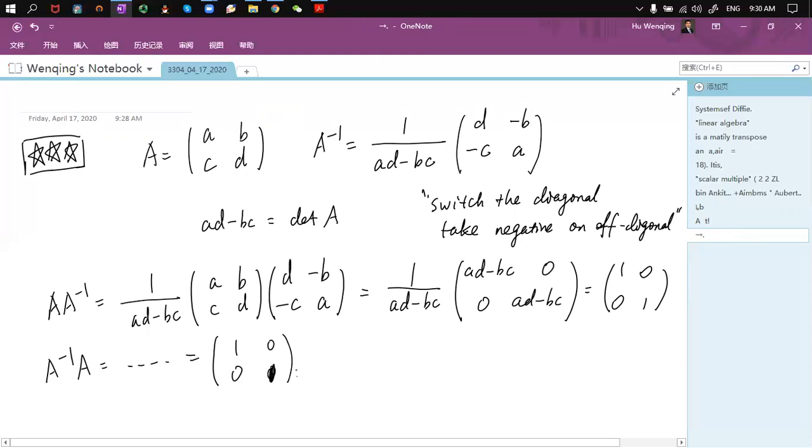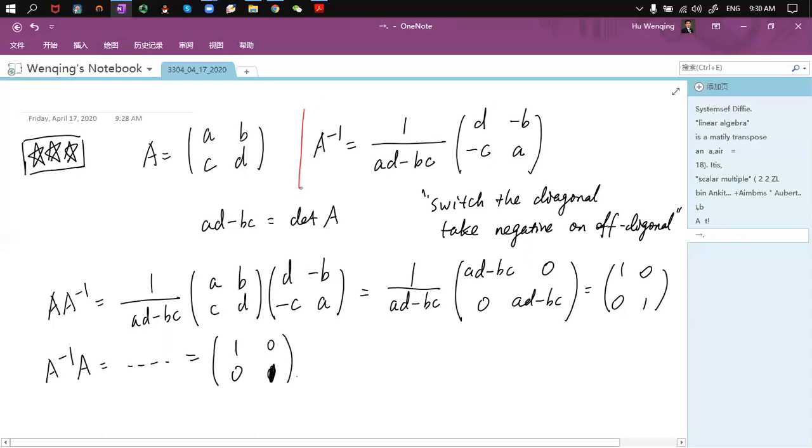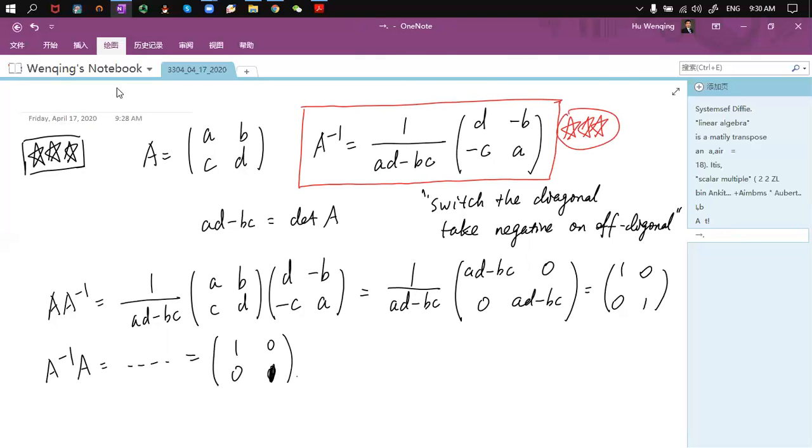That is very important. I would like to re-emphasize that if you have a 2 by 2 matrix, everybody must remember this formula for the final exam. It will be very useful. Suppose they ask you to calculate the inverse on the final exam.